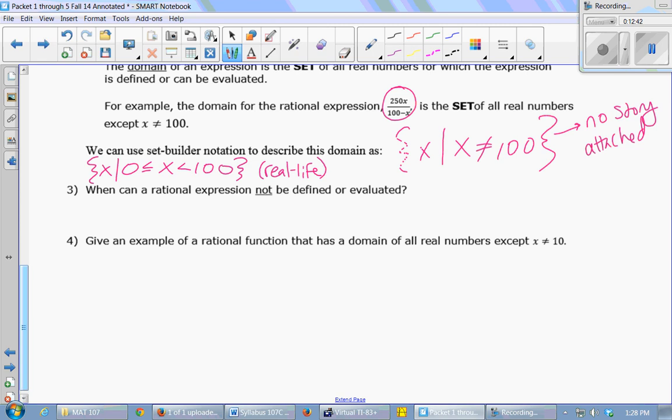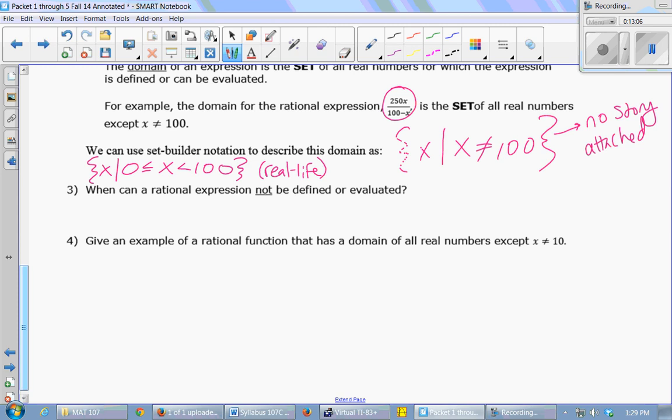It works. So the only thing that would make this expression not make any sense is a 0 in the denominator, which would happen if x is 100. But in the real life situation, it doesn't make sense to put in something bigger than 100, because 100 is 100% and you can't have more than that.